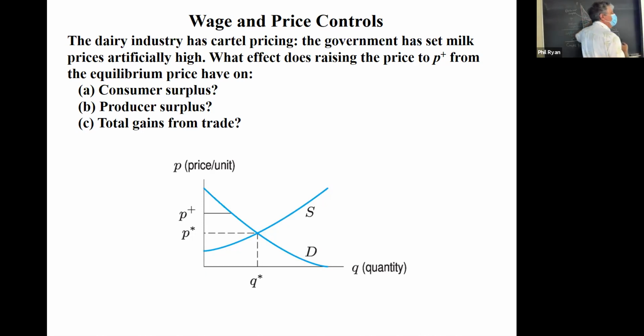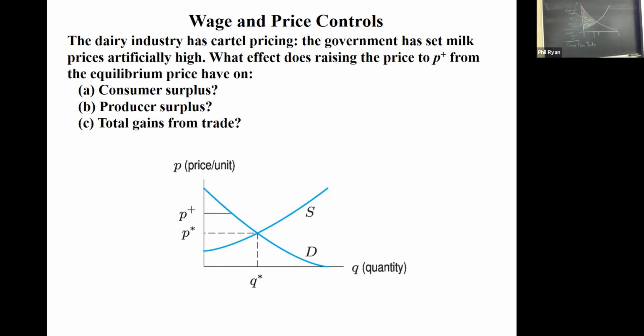Because they can grab more. So this picture explains it, right? Because their surplus goes up at the expense of the total gains from trade. So this is why it's in their interests to form a cartel and do this.